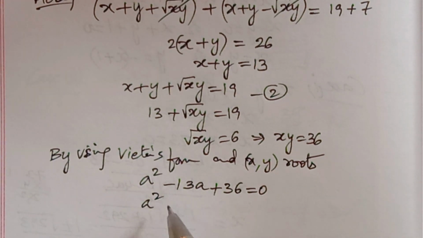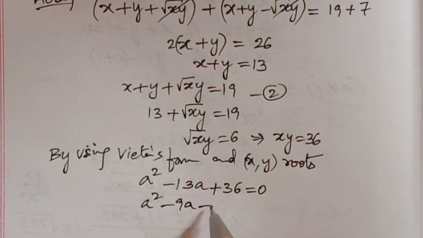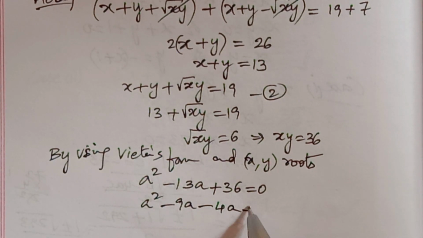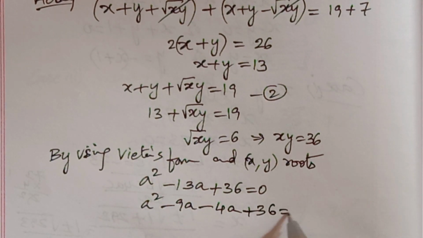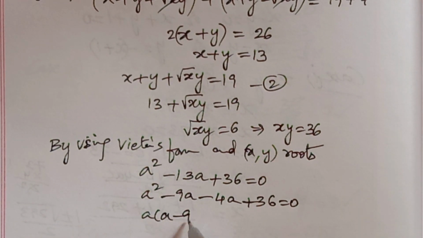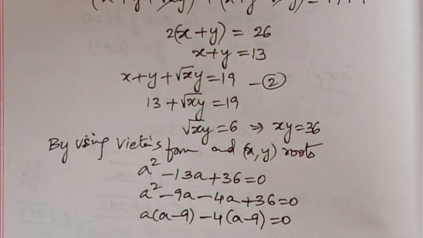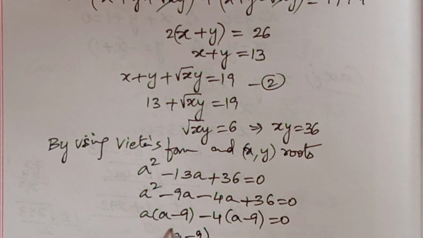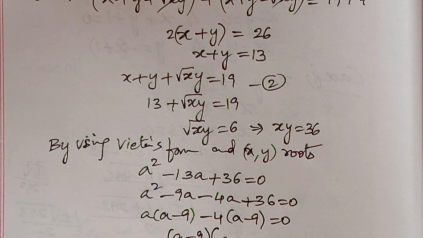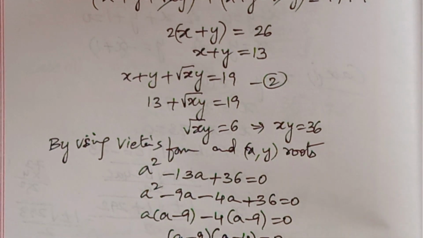This can be written as a square minus 9a minus 4a plus 36 equal to 0. a into a minus 9 minus 4 into a minus 9 equal to 0. a minus 9 into a minus 4 equal to 0. a is equal to 9 or 4.